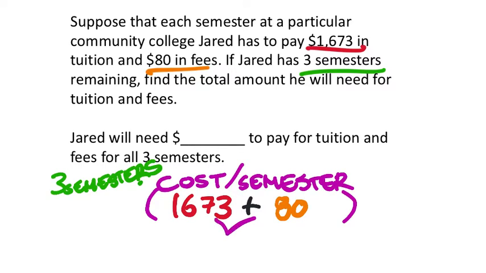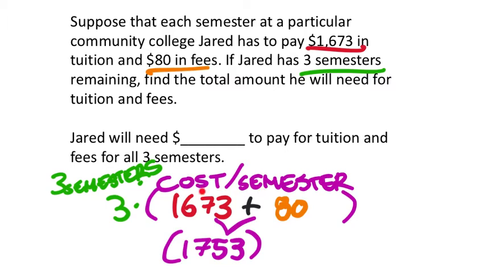And that's true, you can. Just add those two right now, because again, we're not needing to translate this for the assignment. Looks like that'd be $1,753. So that's per semester. Jared's paying $1,753 after fees and tuition, but we're going to have to multiply this by 3.